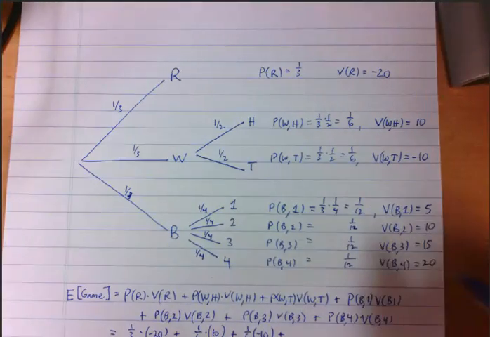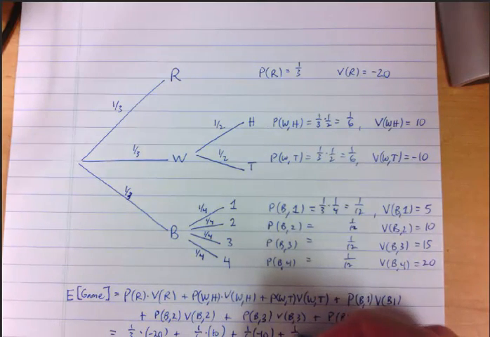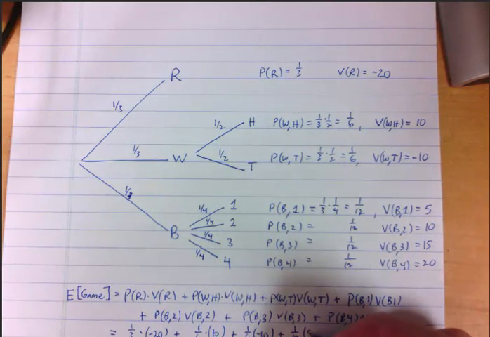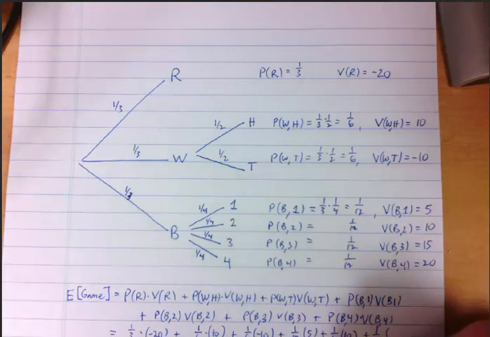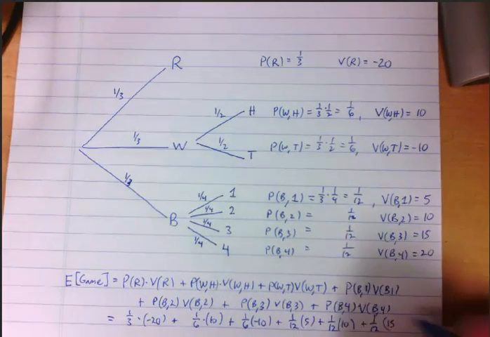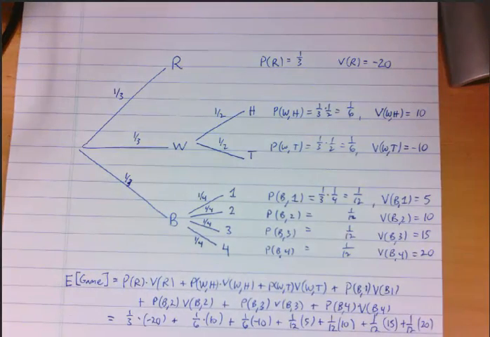Plus, the probability of the blue 1 was 1/12, and its value was 5. 1/12 of the time we get a blue 2, and the value is 10. 1/12 of the time we get a blue 3, the value is 15. And then 1/12 of the time the value will work out to be 20.